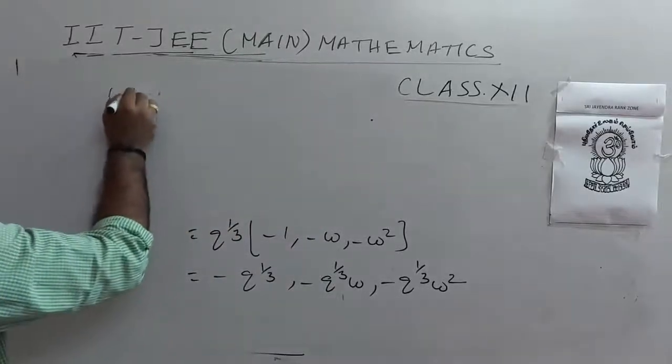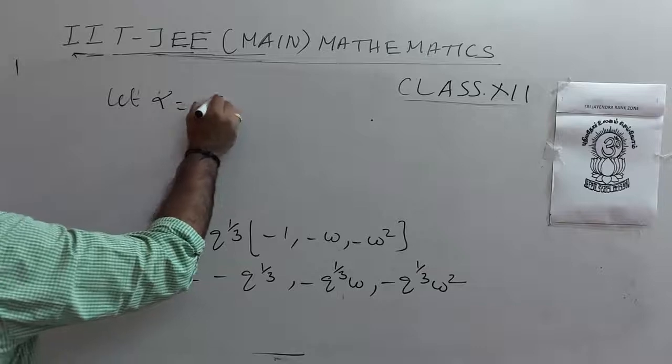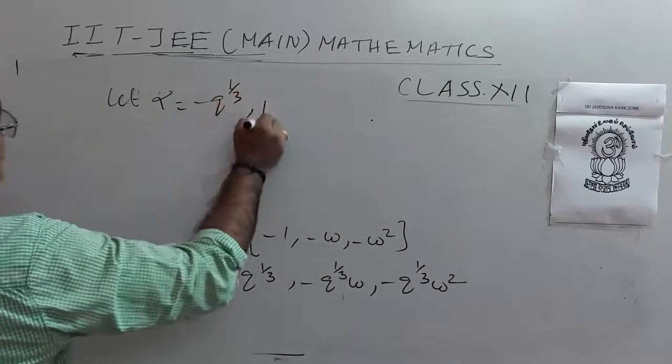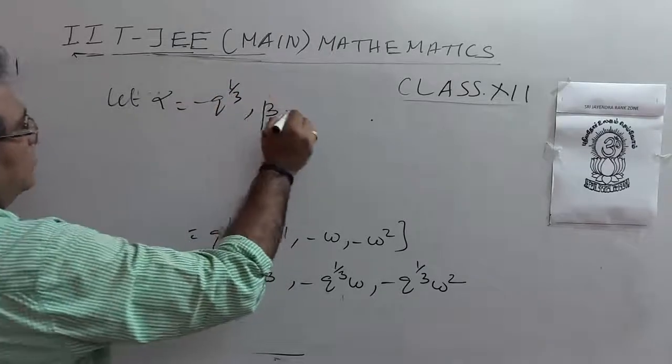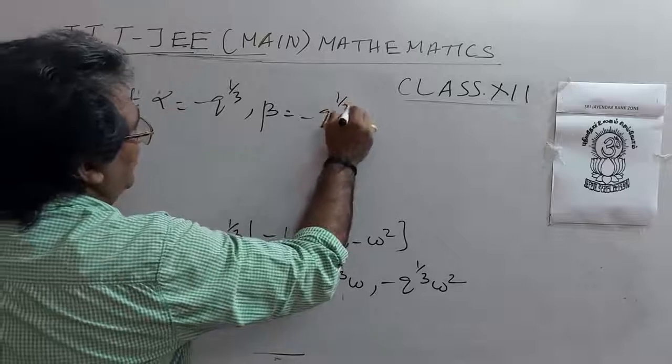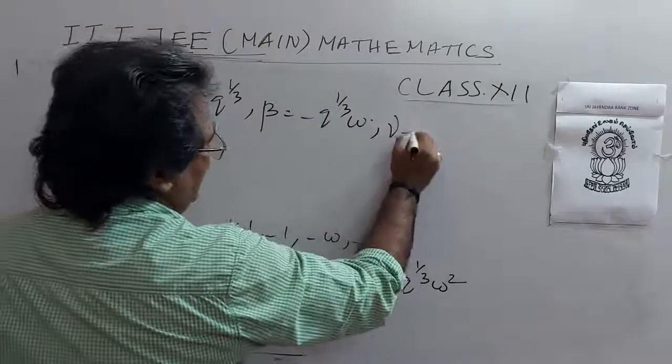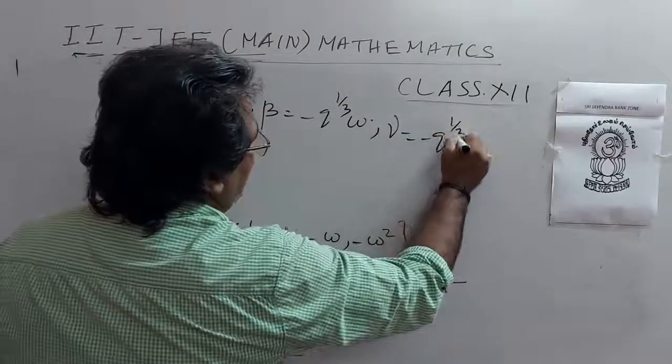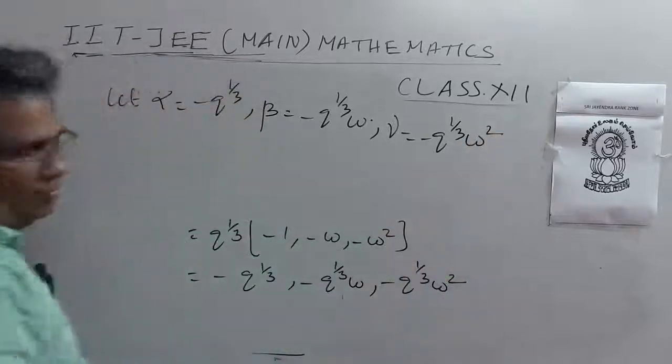Let alpha equal to minus Q power 1 by 3, beta equal to minus Q power 1 by 3 omega, gamma equal to minus Q power 1 by 3 omega squared.